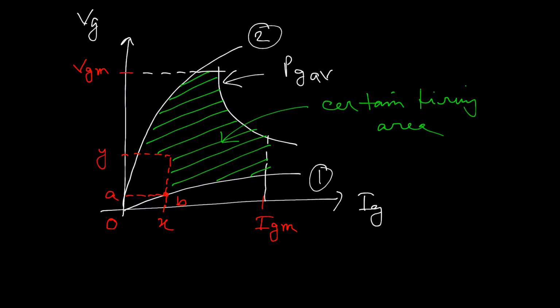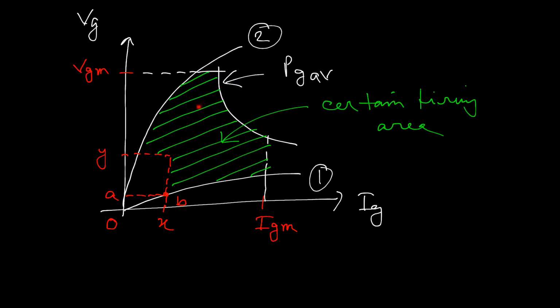That means always we should give the particular amount of gate voltage within the permissible amount, that is above A and below VG. Okay, so we can say VG is the maximum amount of gate voltage up to which the gate cathode junction or J3 will not be damaged.